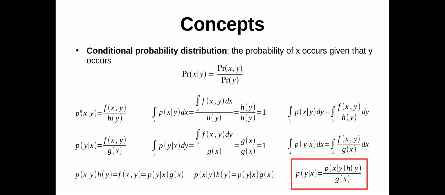So if we consider the conditional probability of x conditional on y, then it's going to be the joint probability fxy over the marginal probability of y, hy. So the conditional probability is still going to be a function of both x and y, right? On the right hand side you have both x and y. So it's a function of two independent variables, both x and y, right?